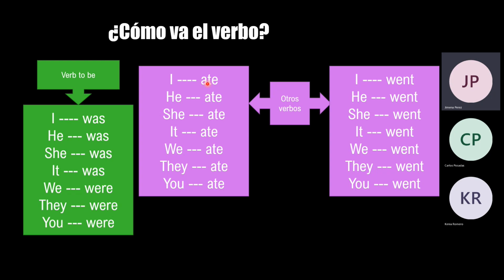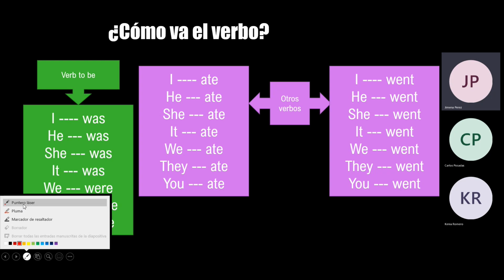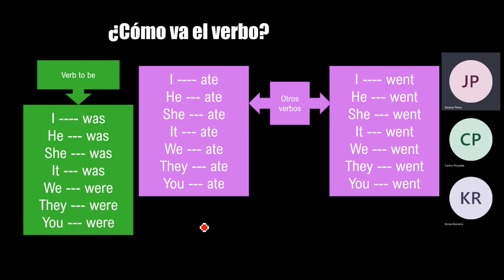For example, this verb ate is the verb eat, and as you can see, this is an irregular verb, and it's the same here. Went is the verb in past of go, and we have some other verbs that are regular that end with ed.